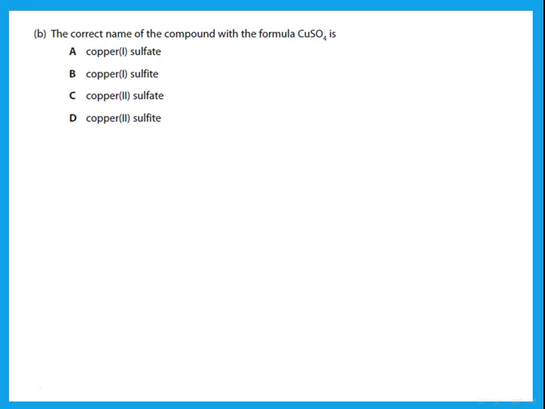Okay. Give the correct name of the compound with the formula CuSO4. So copper is Cu and sulfate is SO4. If he says that I have CuSO4, that means that the valency of the copper is the same as the valency of the sulfate. The valency of sulfate is 2, and that means that when you have 2 here and 2 here, you cancel them.